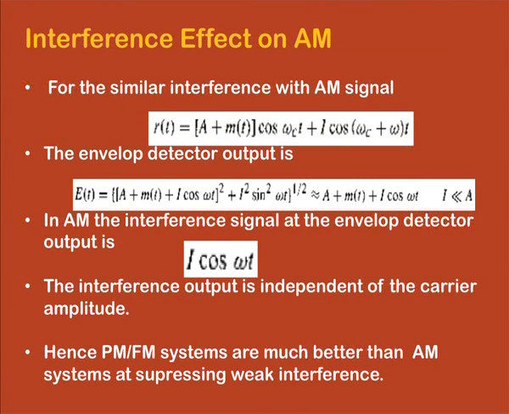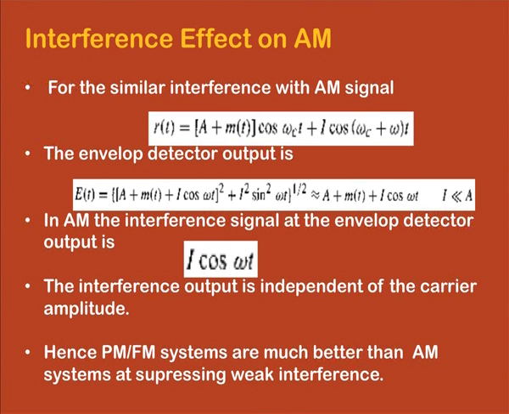Now, coming back to amplitude modulation. If we consider a similar kind of interference for an amplitude modulated waveform, the received signal would be (A + m(t)) cos ω_c t, which is the amplitude modulated signal, plus I cos (ω_c + ω) t, which is the unmodulated sinusoidal interference having amplitude I and a carrier frequency offset of ω. In an AM signal, what we are interested in is the envelope of the signal, because for demodulation of an amplitude modulated signal we use amplitude envelope detectors.